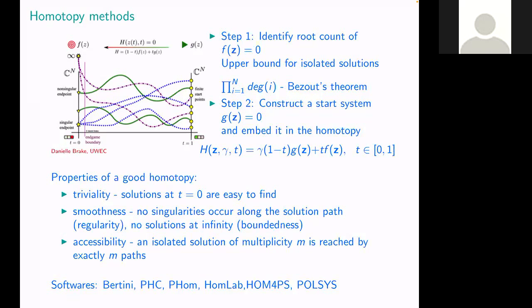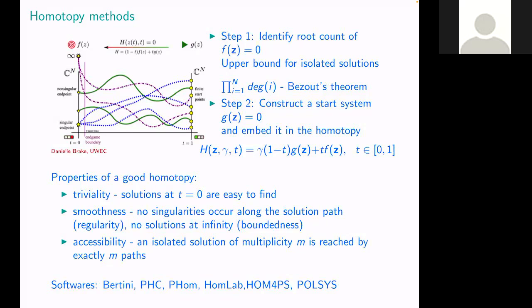So we could pick a good homotopy, but in most of the software listed below, the software chooses the homotopy for you, and there is a gamma trick: if you choose a random complex number for the gamma in the homotopy, you are guaranteed that all of the singularity behavior, like blowing up and singular path crossings, happens very close to the target system.